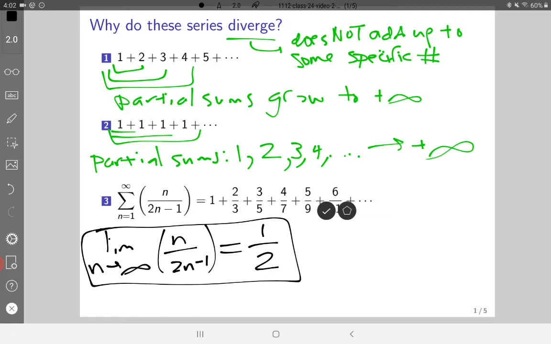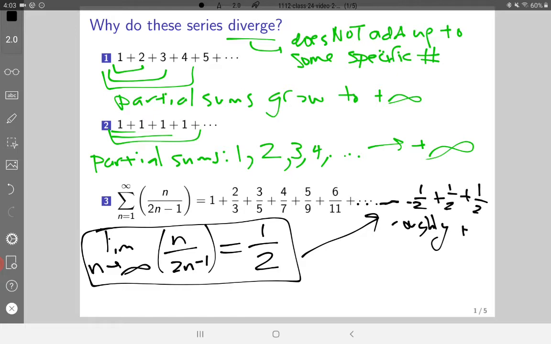So essentially what that means in terms of our series is that way down the line, if I go dot, dot, dot for a really long time and I go down to like the millionth term, I have roughly something pretty close to 1/2, plus the next term, pretty close to 1/2, plus the next term, pretty close to 1/2.